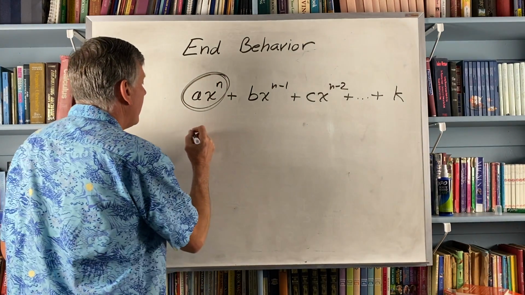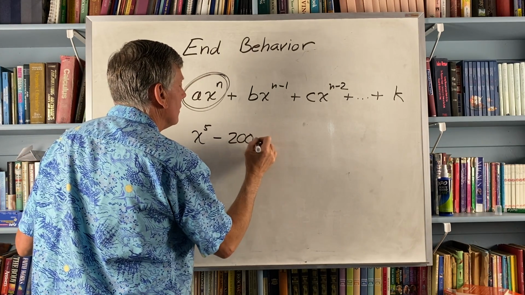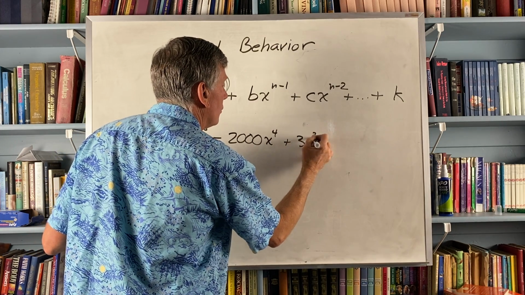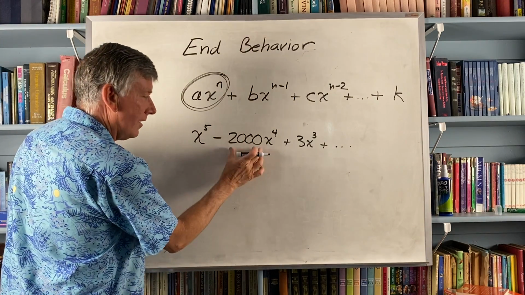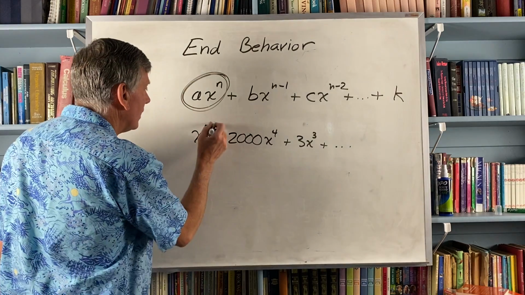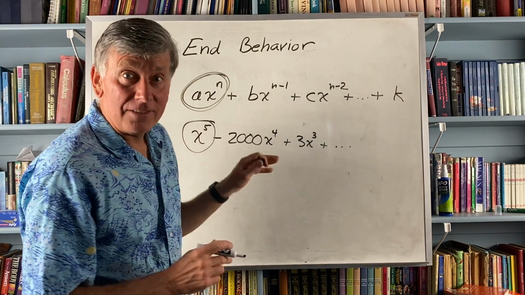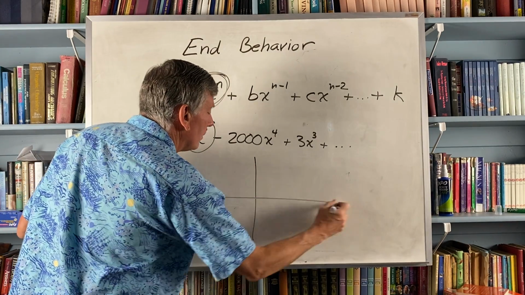For example, if I have x to the fifth minus 2,000 x to the fourth plus 3x cubed plus something, it doesn't matter. This number seems really big to us. Eventually, this guy is going to get bigger than anything else as x gets large. And that's what we talk about with end behavior.